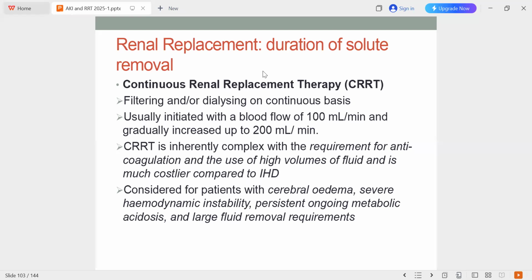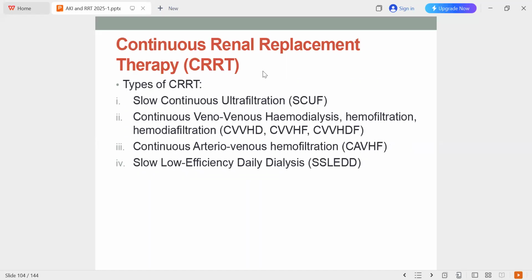But it's considered for patients with cerebral edema, severe hemodynamic instability, patients with persistent and refractory ongoing metabolic acidosis, and patients that require large fluid removal without causing hemodynamic instability. So we have different types of continuous renal replacement therapy.